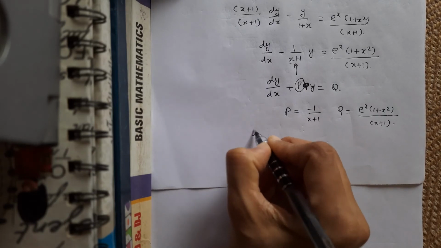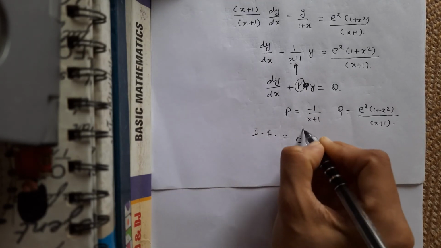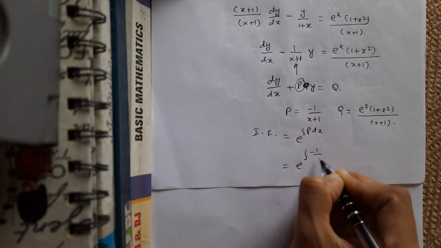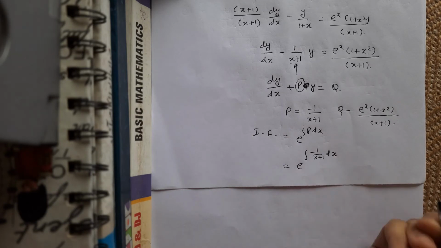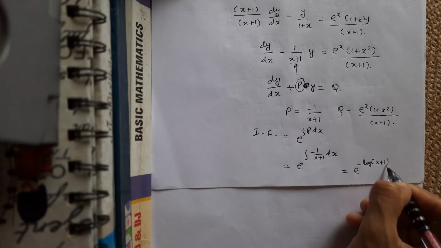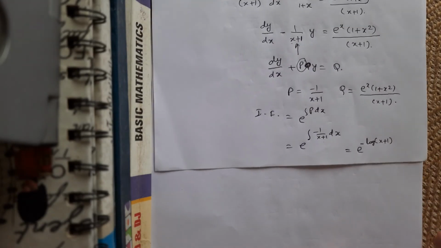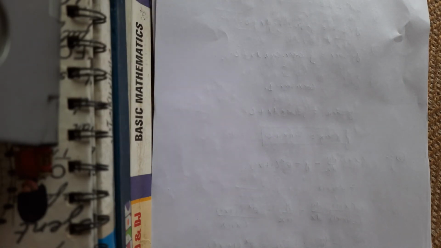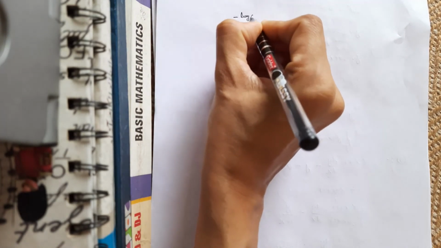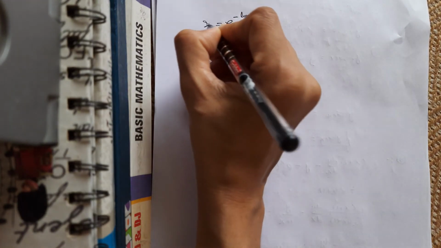What is the IF? IF will be e to the power integration P dx. So e to the power integration of minus 1 upon x plus 1 dx, which is nothing but e to the power minus log of x plus 1. So this is our IF.